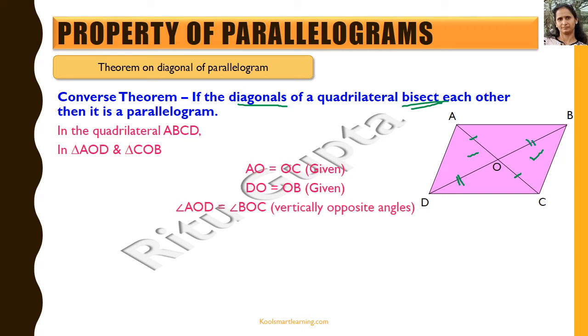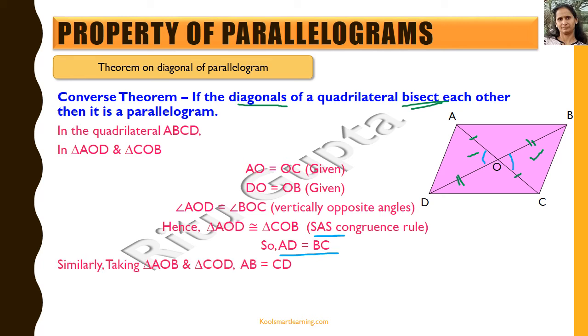Moreover, we know that angle AOD is equal to angle BOC because they are vertically opposite angles. So triangle AOD is congruent to triangle COB by the SAS congruence rule. Since these two triangles are congruent, we know that AD is equal to BC.